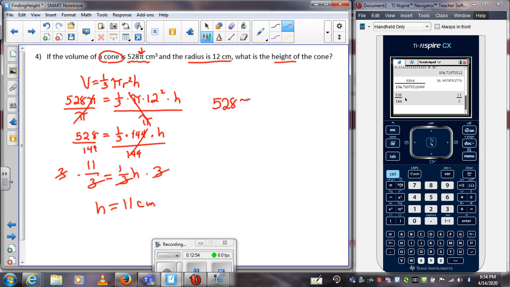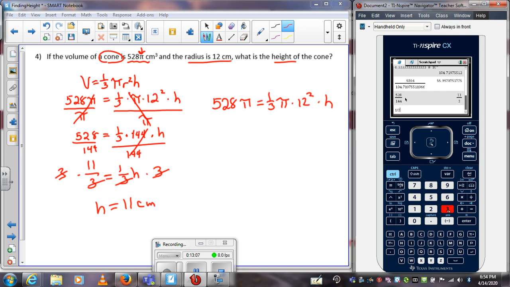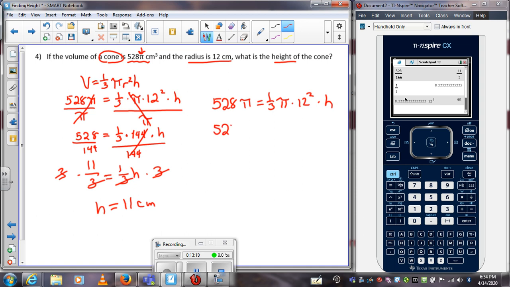Now that's one way I could have done it. The alternate way you could have done it, totally doesn't matter, is you could have multiplied this, but leave the pi. So what I would do is I would do 1 divided by 3, get my 1/3, times 12 squared. And that's going to give me 48. So now I have 528 pi equals 48 pi h.